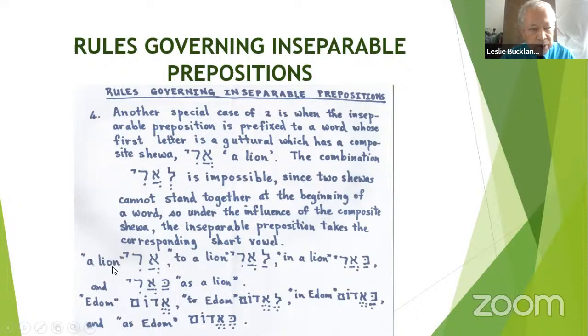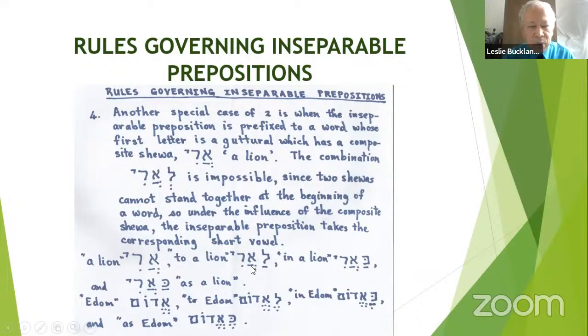So here's what happens. The noun ari is a lion. But if you're going to say to a lion, you would have to write it like this and speak it like this, la ari. Instead of le ari, you have to say la ari, because the inseparable preposition will take the short vowel that is in the composite shua.